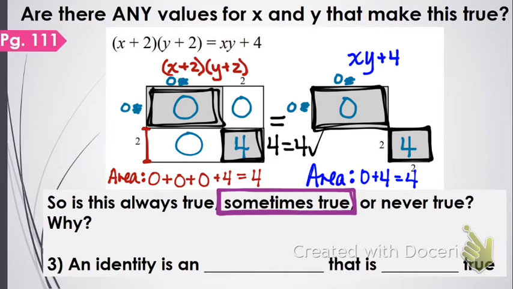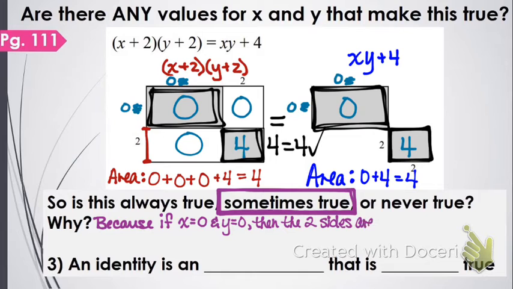Sometimes true. Why? Because if x is 0 and y is 0, then the two sides are equal. But if we use different values for x and y, then they're not equal.